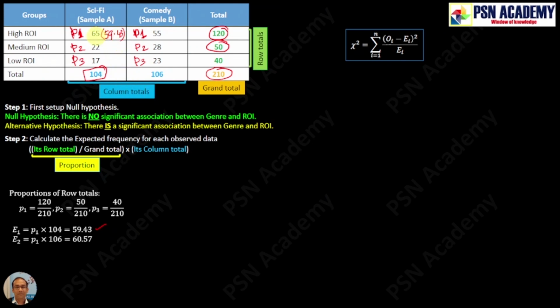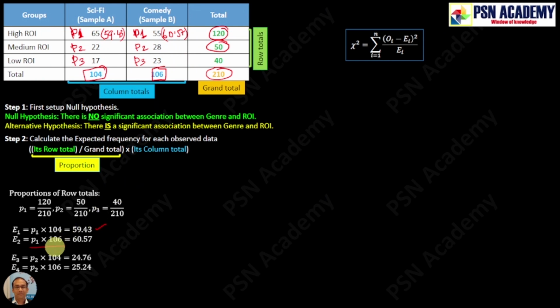Your observed frequency is 65 and your expected frequency is 59.43. Similarly, you go with the E2, and E2 is P1 times 106. This 55 has its column total as 106. So you multiply the P1 with 106 now and you will get 60.57. So write it in bracket. So here you go with the E2.